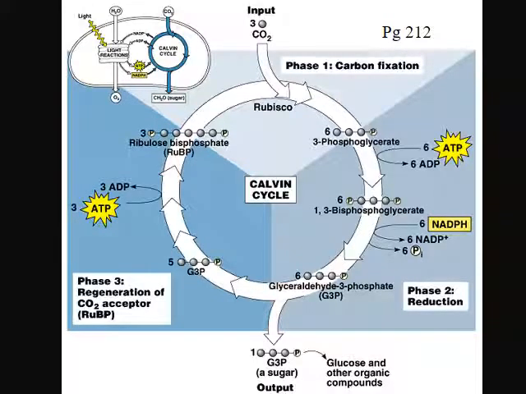So here is an actual rendering. There's a figure on page 212 of your textbook that shows something similar to this. It shows, again, that nice diagram you copied down and what points they're emphasizing. You have 3 carbon dioxides going into the cycle, and they're basically stringing these things up into different variations of carbon chains. They're using the energy of ATP to power this system along.